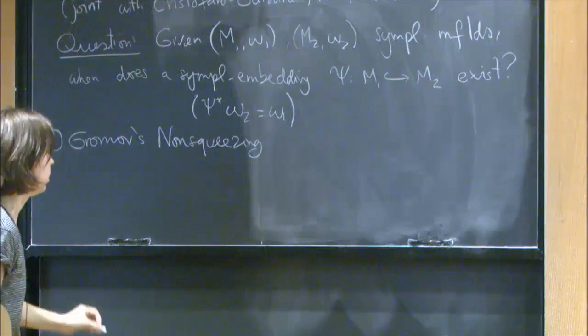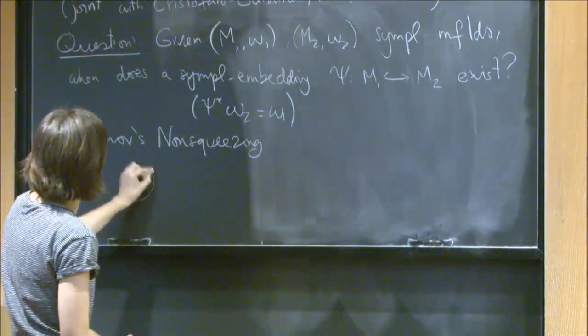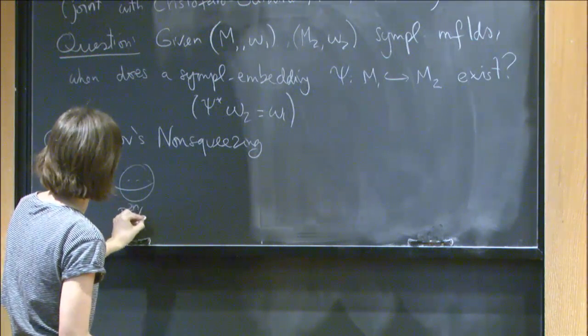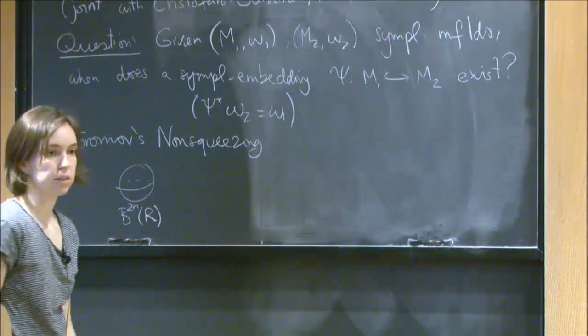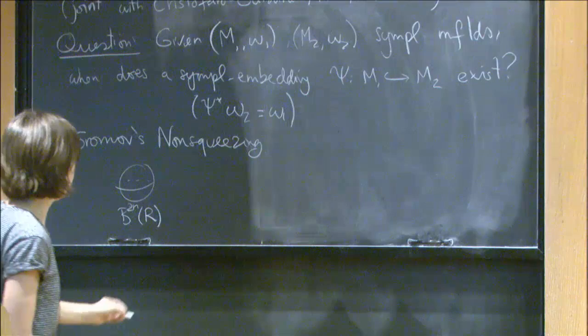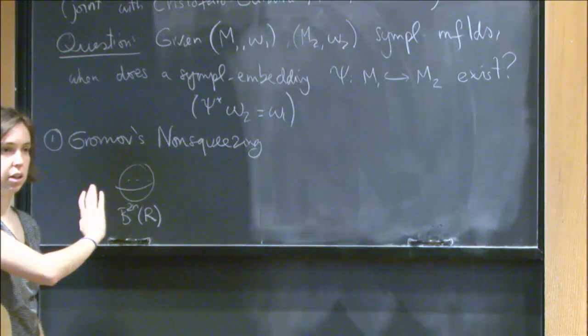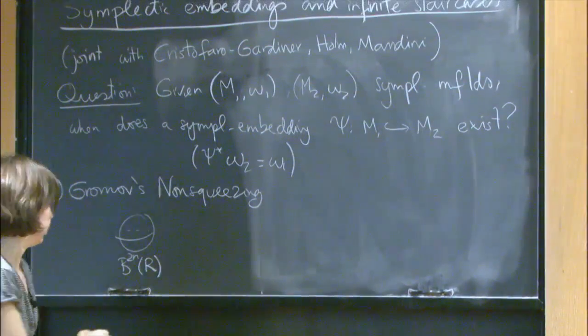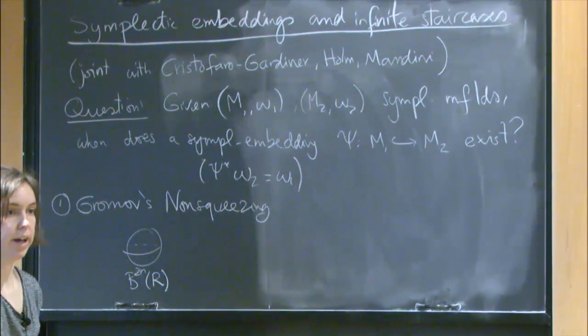Gromov's non-squeezing, in which for M1 you have a ball of radius r, and, unless I say anything to the contrary, all my manifolds are open and subsets of C to the n.